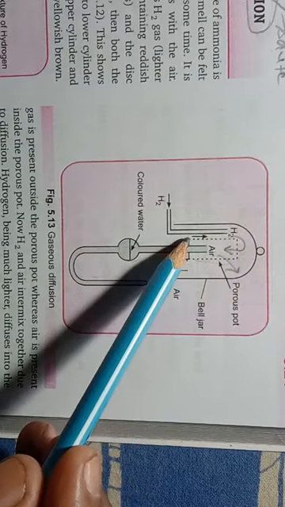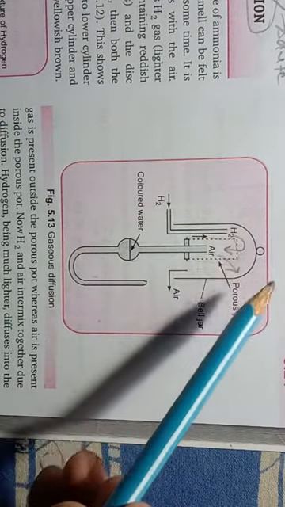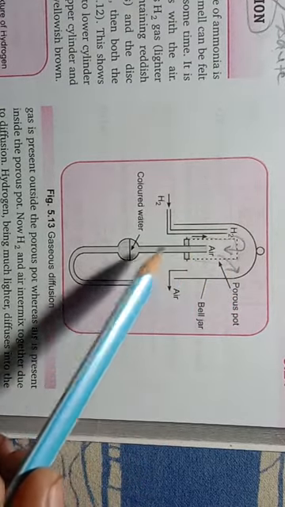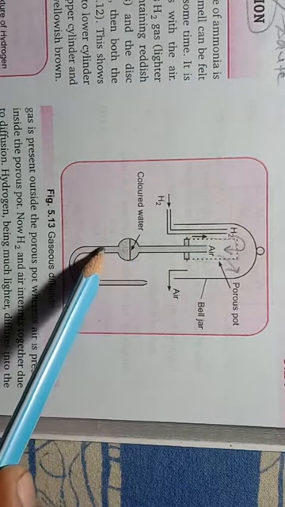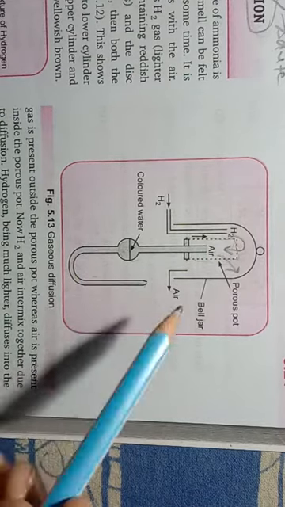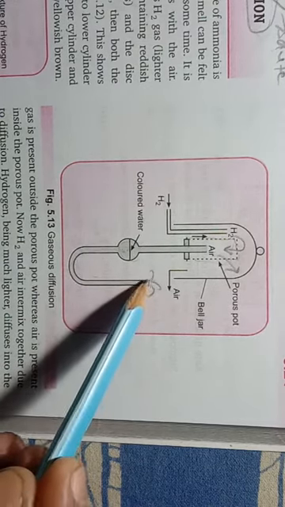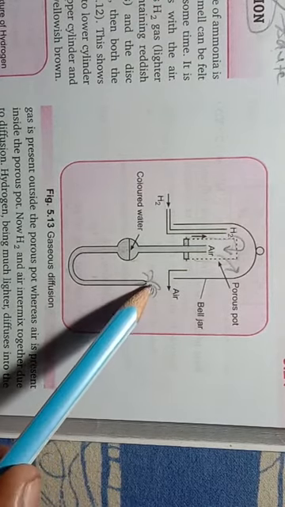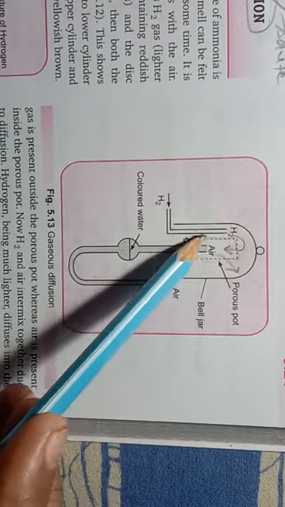This means a pressure will be formed inside this porous pot, and due to this pressure, it will be exerted on this colored water, and this colored water will rise up in this U tube, in this limb which has a jet. So this colored water will come out through this jet in the form of a fountain. Okay, students, this happens due to the higher pressure inside the porous pot.